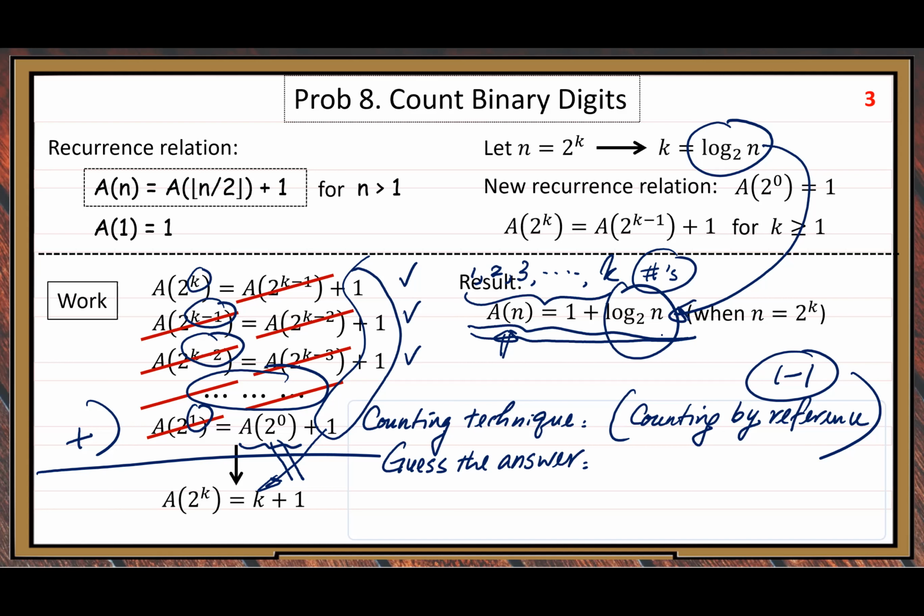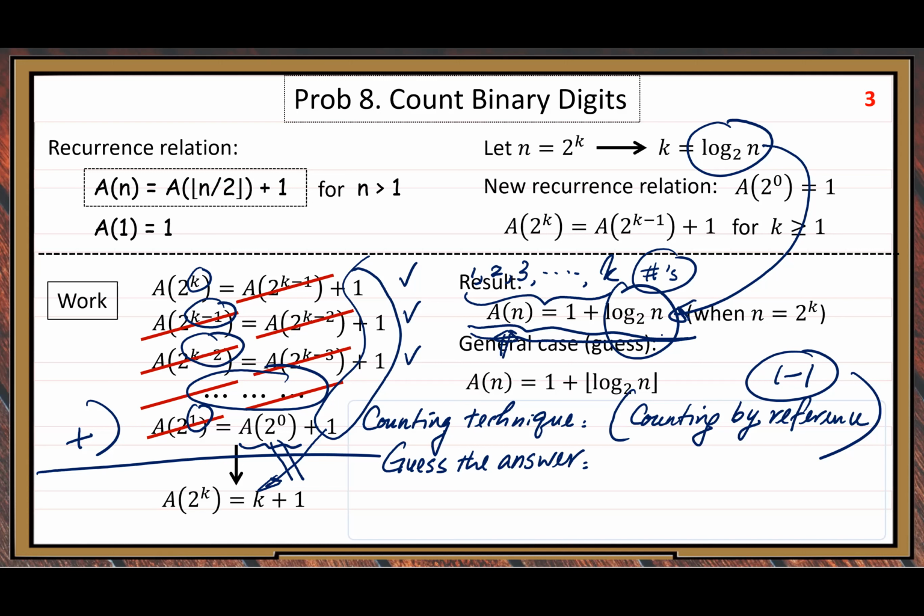All right, make a guess. We know log base 2 of n is not an integer expression in general. How can we convert it to an integer expression? Is there a simple, easy way to convert a non-integer expression to an integer expression? We have seen it before.